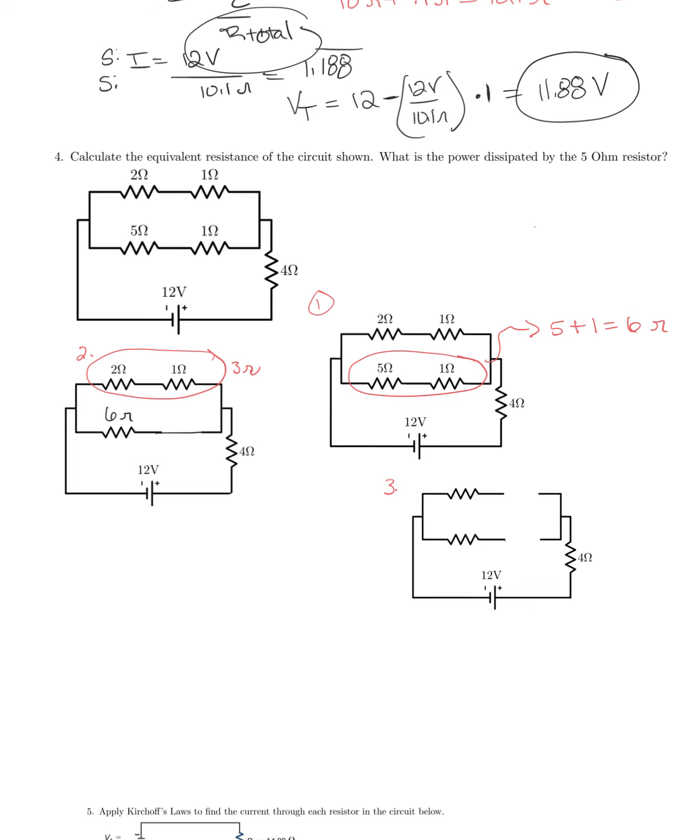So now we have a 6 ohm resistor and a 3 ohm resistor in parallel together, and so we'll deal with those. Now when you add resistors in parallel, you take the inverse, and then you take the inverse of the inverses.